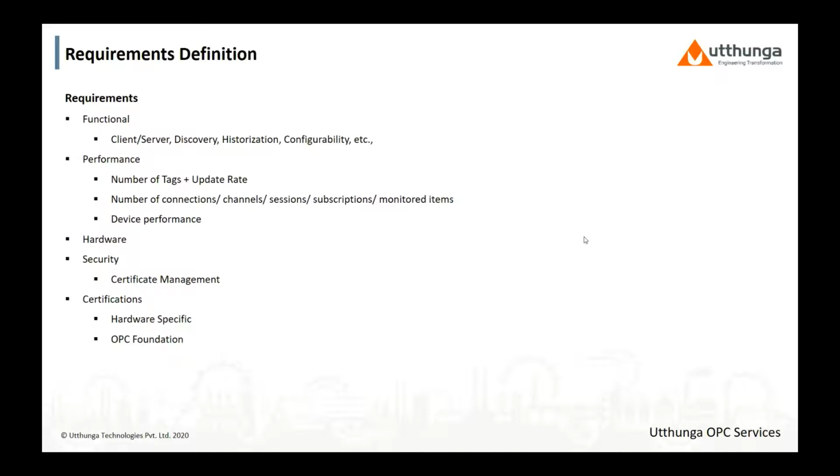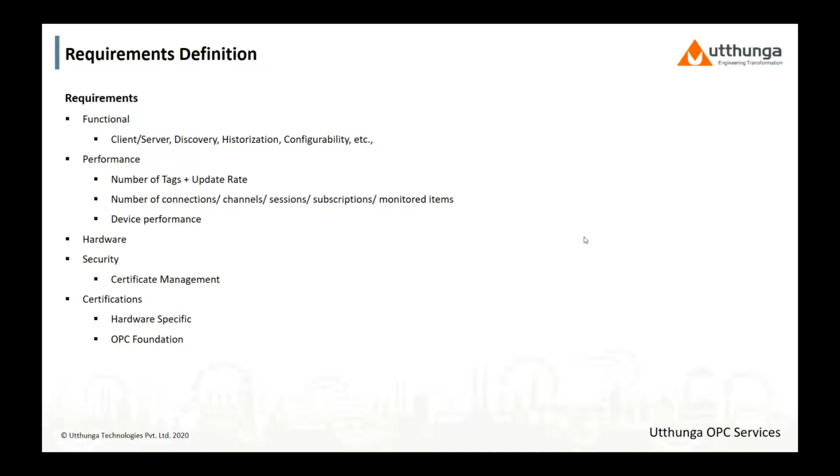You also need to define performance requirements, and in very simple terms, it is just the number of tags plus their corresponding update rate, for example at least 1000 tags with update rates of 100 milliseconds.